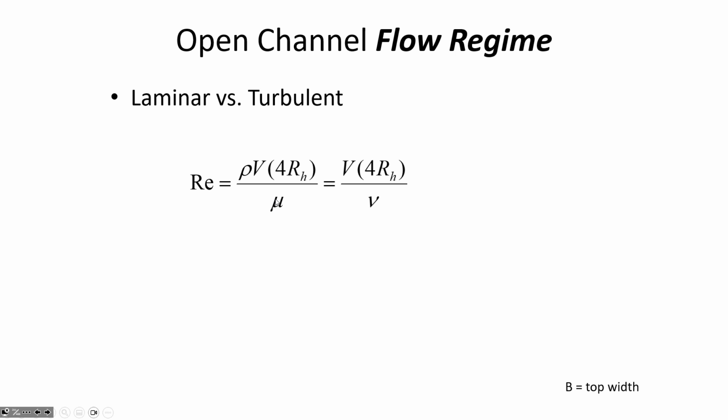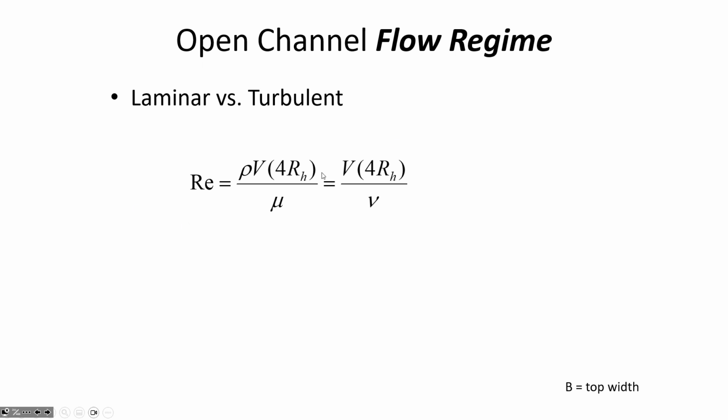You may remember that when you don't have a diameter, you can replace that with 4 times the hydraulic radius. That's a substitution that was introduced a few weeks ago. And you probably remember that we can classify different types of flow. There's laminar versus turbulent, which we use the Reynolds number to characterize.